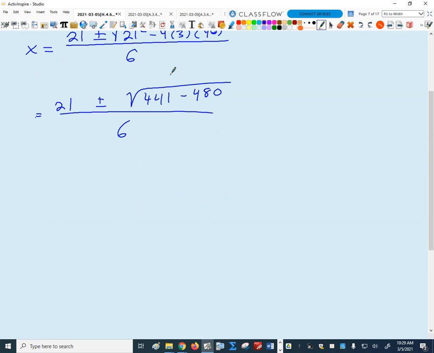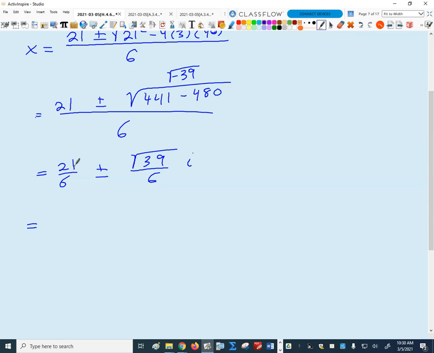Up here, we're going to get a square root of negative 39. Is that right? Yeah. So I'm going to get 21 over 6 plus or minus the square root of negative 39, which is going to be the square root of 39 i, and there's no perfect square factors of 39, divided by 6.